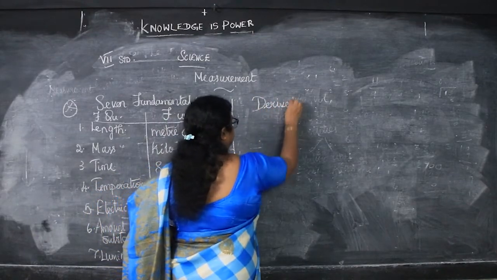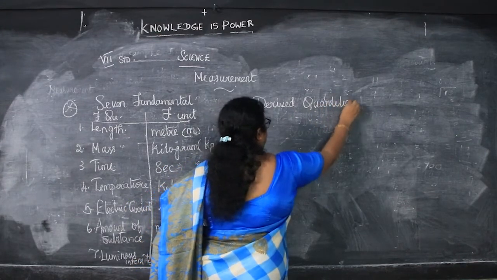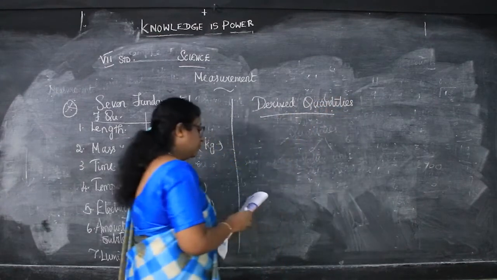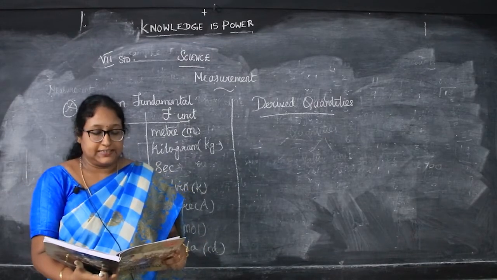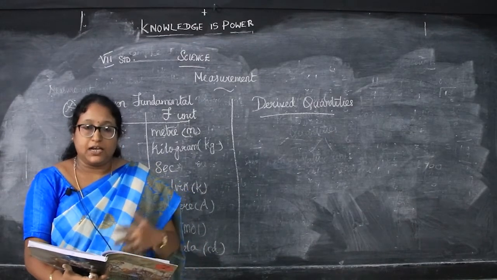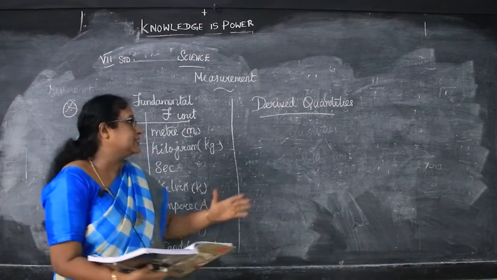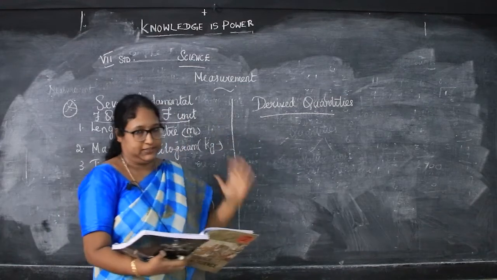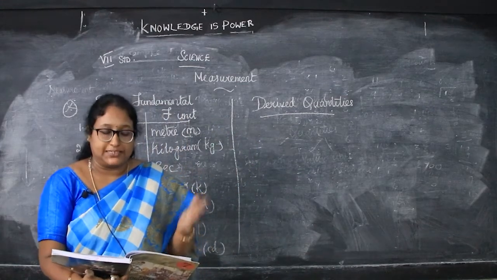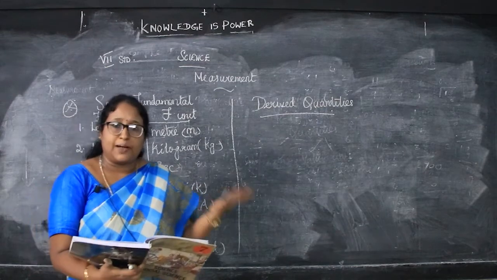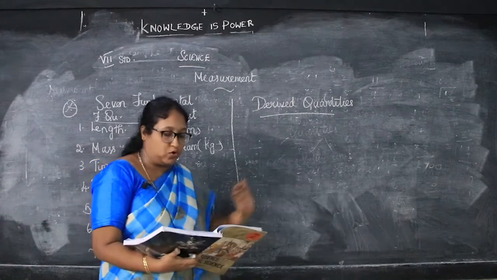Now, all the physical quantities that can be obtained by multiplying, dividing, or combining these fundamental quantities are known as derived quantities. So what are derived quantities? Those obtained by multiplying, dividing, or combining the fundamental quantities are called derived quantities.